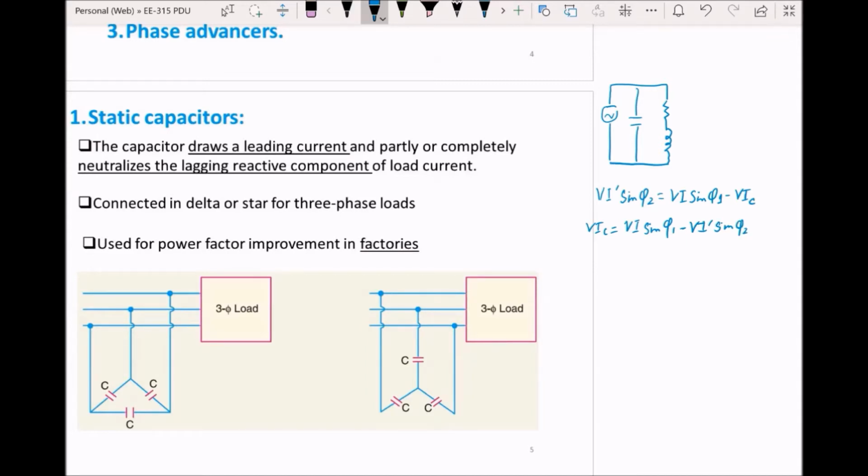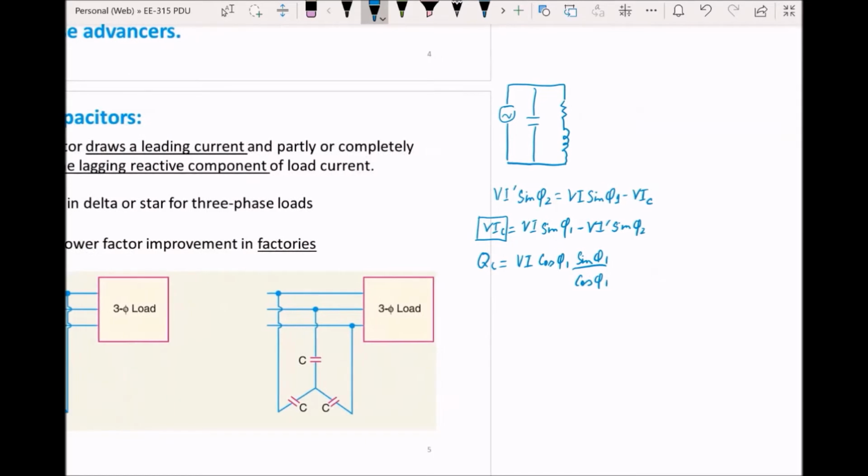Alright, and let's say this is the reactive power being drawn by the capacitor, then that could be written as Q_C equals... and also, for the sake of conversion, if I multiply by cosine phi and divide by the same thing, which is the power factor, on this side, and again repeat the same thing by multiplying by cosine phi 2 and dividing by cosine phi 2, then these two portions represent the active power component before and after the compensation.